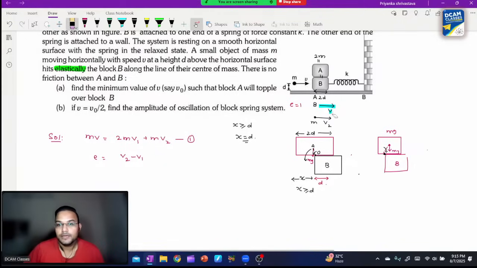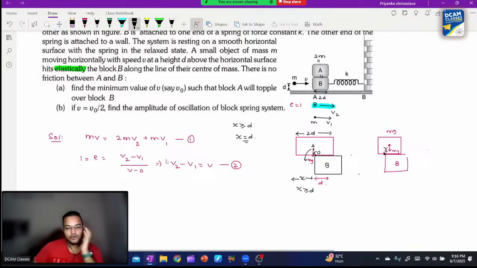V1, this is V2, just for simple understanding purposes. Since e is equal to 1, my second equation will become V2 minus V1 is equal to V. Using these two equations, you can solve for the value of V1, sorry, V2.